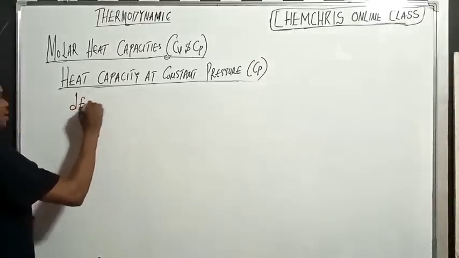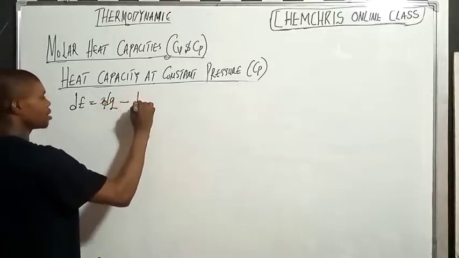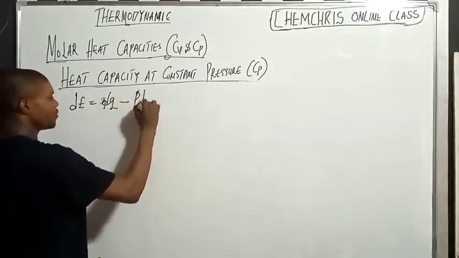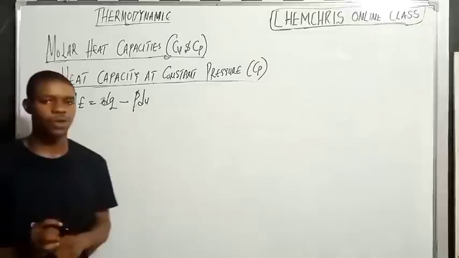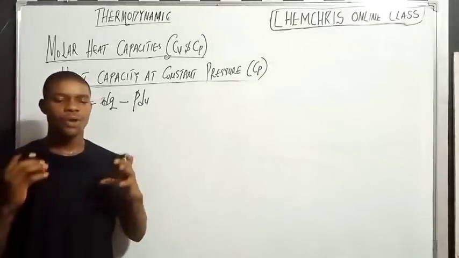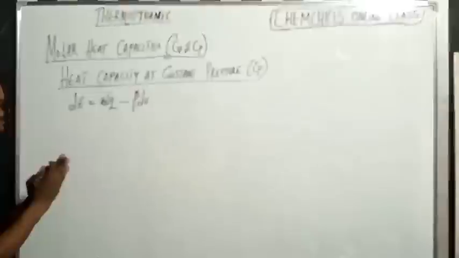Change in internal energy equals to what? Change Q minus P change V, right? Remember this formula that we use at constant volume, right? We are still going to apply the same thing here. Do you understand?